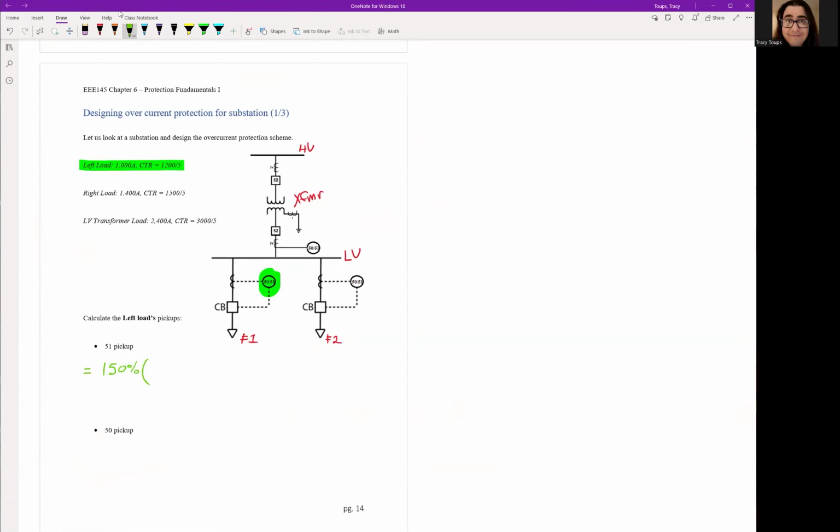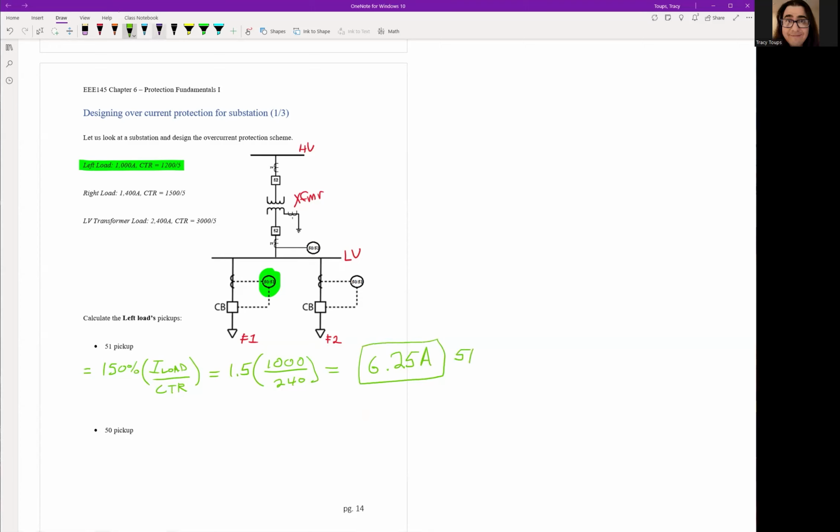You can find full load amps by taking your load current divided by your CTR. So this is 1.5 times 1000 over 240. We number crunch that and I get my pickup of 6.25 amps. So that is my 51 element.